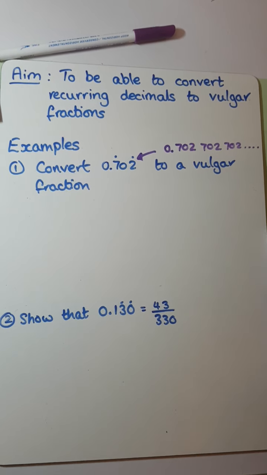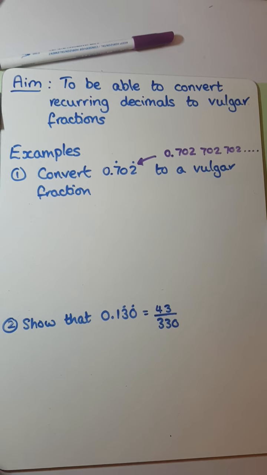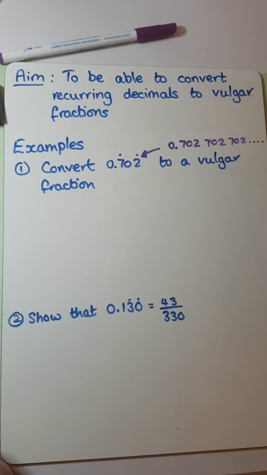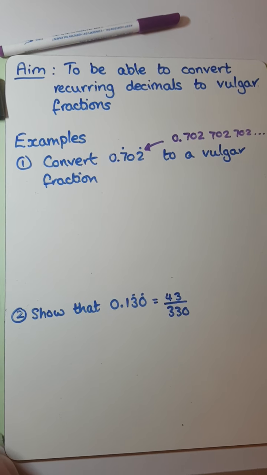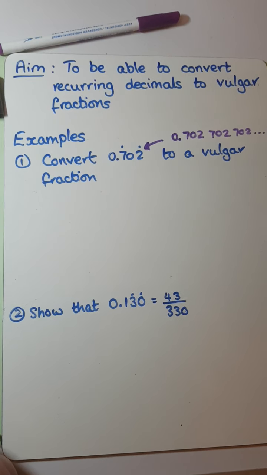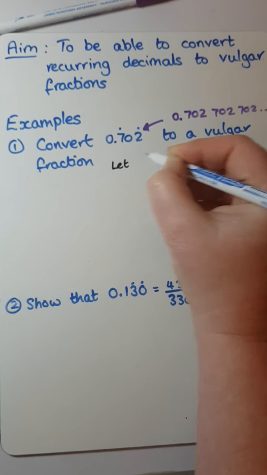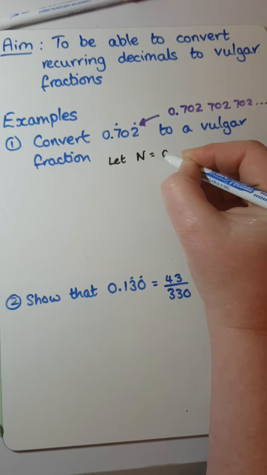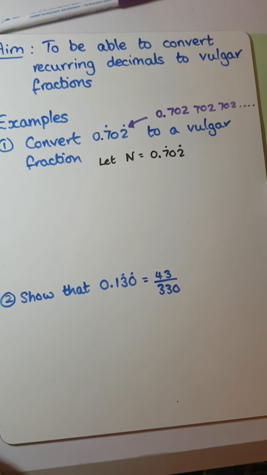Now, if we're trying to convert this, we start off by labelling it. We give it a name so that we can actually do some mathematical operations and find an equivalent for it. So we say let n equals 0.702 recurring.